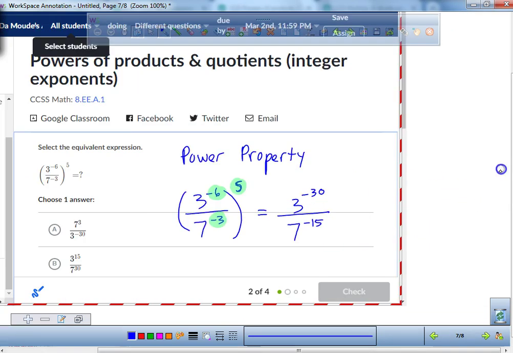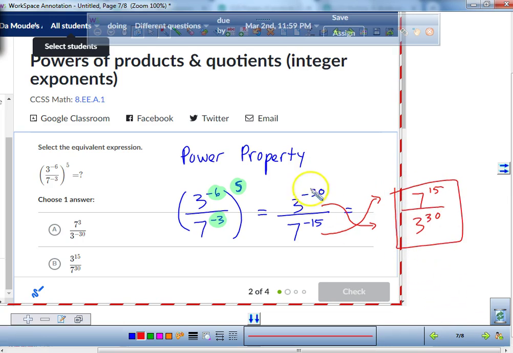Now, there's something special about negative exponents. If you ever want to make them positive, all you have to do is shift them up or shift them down. So if I shift this up, that becomes 7 to the power of 15. If I shift this down, that becomes 3 to the power of 30. So if I ever want to make a negative exponent positive, just shift it either down in a denominator or move it up to the numerator.